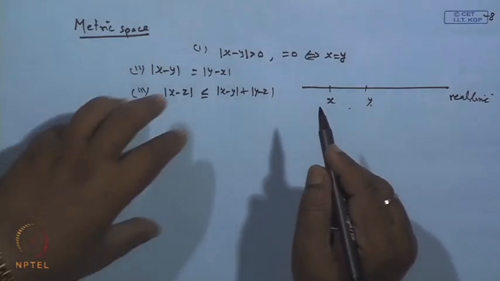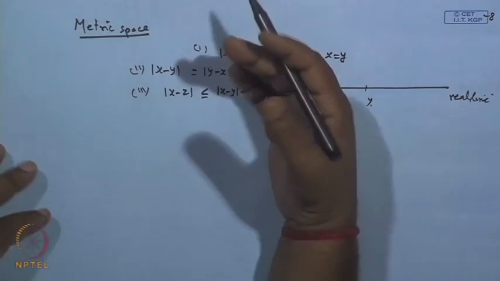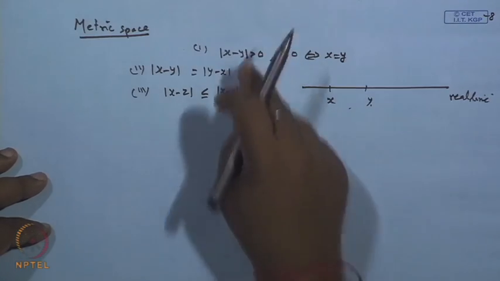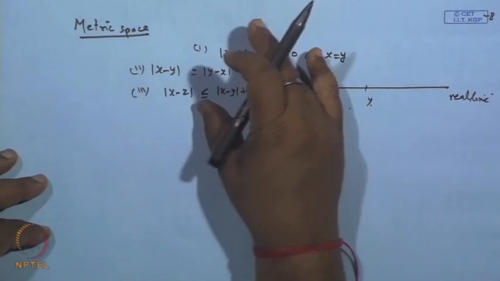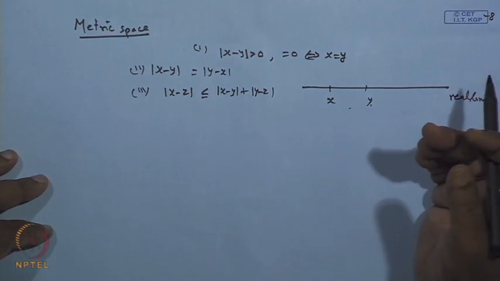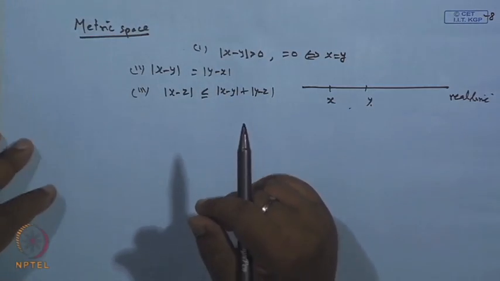Then we wanted to extend it to an arbitrary set, because this is the set of real numbers where we have this property. Now, this property we wanted to make an axiom for an arbitrary set, and that leads to the concept of the metric space.